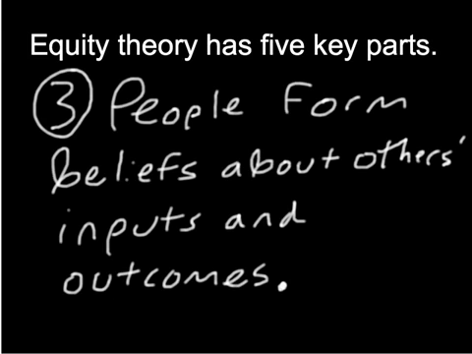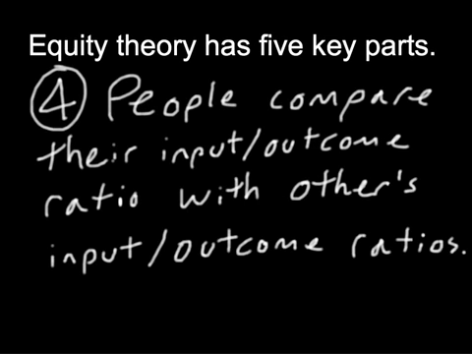Number 3, people form beliefs about others' inputs and outcomes. So they're not only comparing themselves to a referent other, but they're starting to form beliefs about what they bring to the table and what they get out of the job. Number 4, people compare their input-outcome ratio with others' input-outcome ratios.